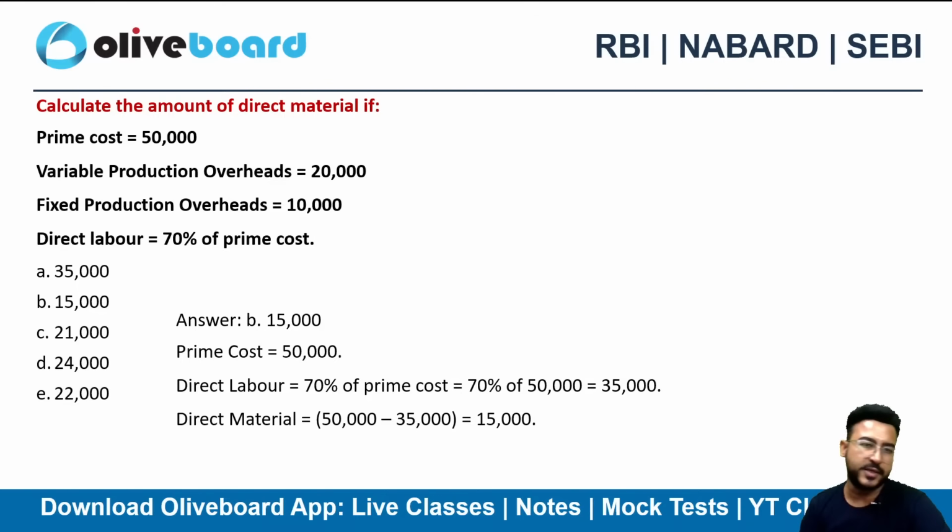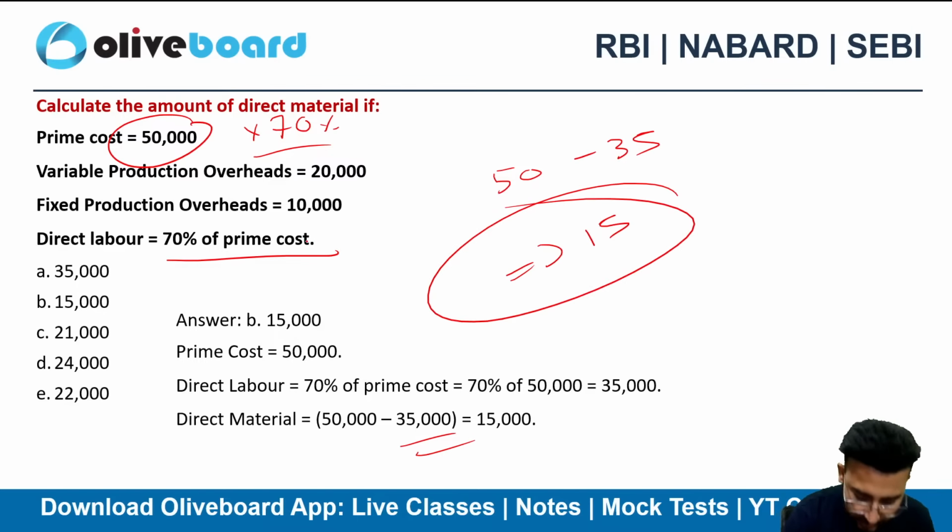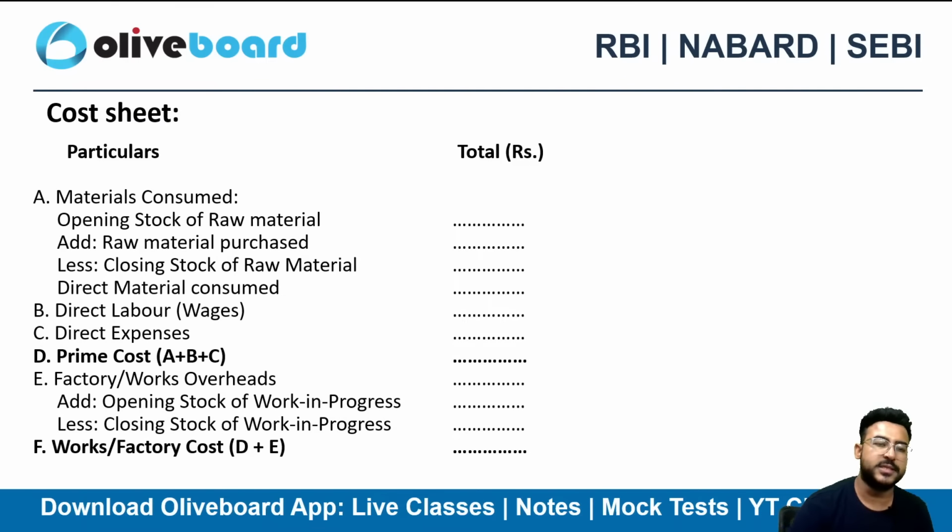We need to calculate the direct material. There's a relationship: direct labor is 70% of the prime cost. This is my prime cost, 70% of it is 35,000. So 50,000 minus 35,000 will be my direct material, 15,000.